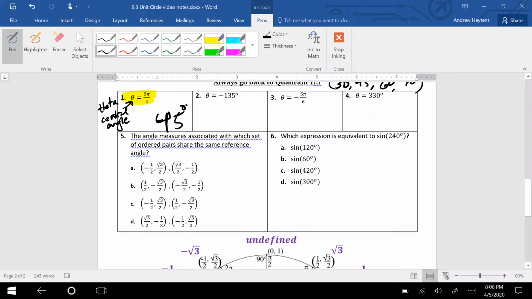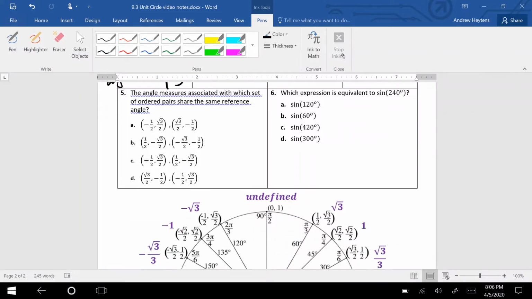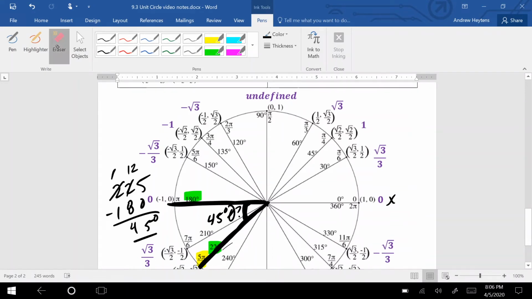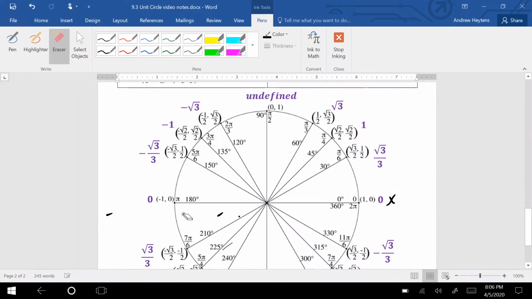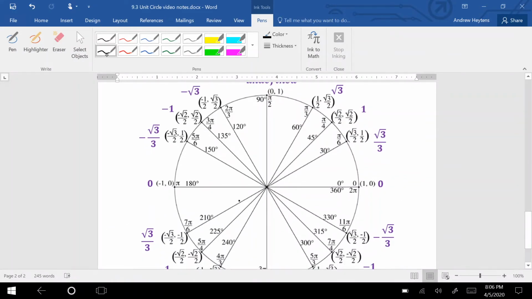Okay, second one. Negative 135. Okay, so again, this is one that can be a little tricky. And the most common question I get is, negative 135 is not on my circle. Well, correct. It's not written on your circle, so you need to go find it. So again, if you're finding angles, start at the positive x-axis.